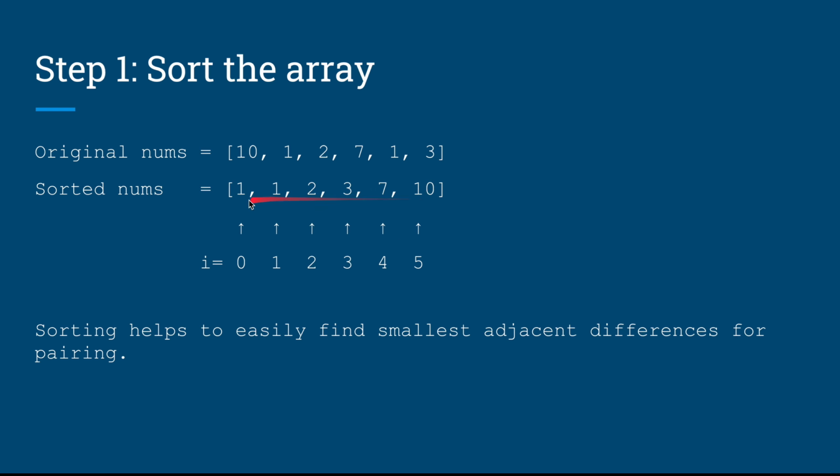So 10 minus 1 is 9. So low will be 0 and high will be 9, right?